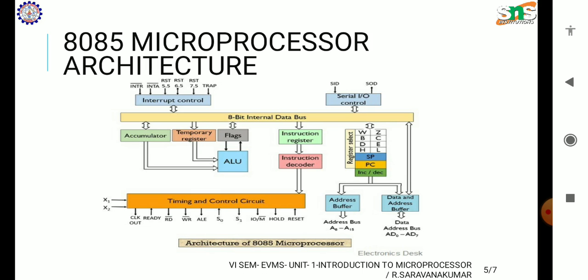Each storage device has a separate cell, and these are all connected with the data and address buffer. So these are the basic elements of the 8085 microprocessor.